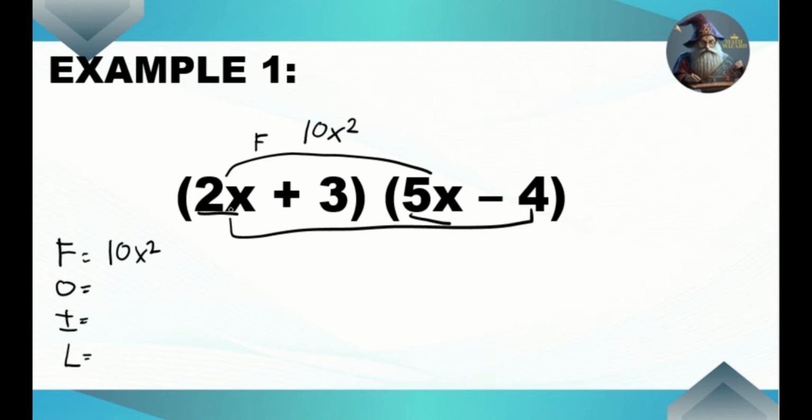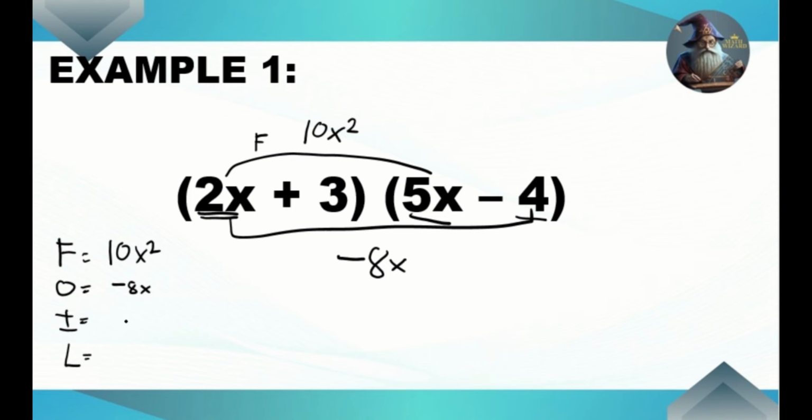Negative times positive is negative. Negative times positive, negative. And 4 times 2, that is 8. There is no other x, so we just copy it. So, we now have the outer, which is negative 8x.